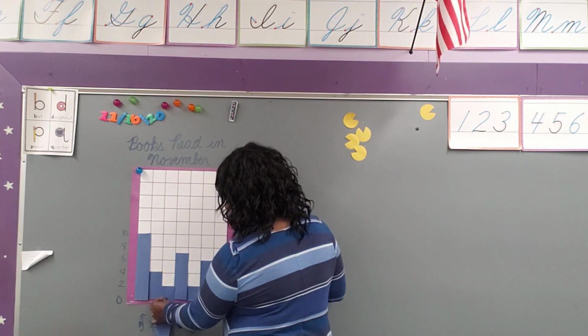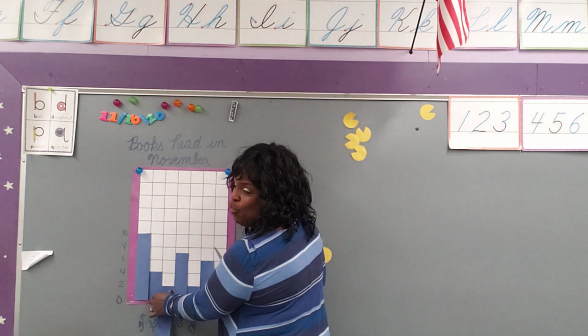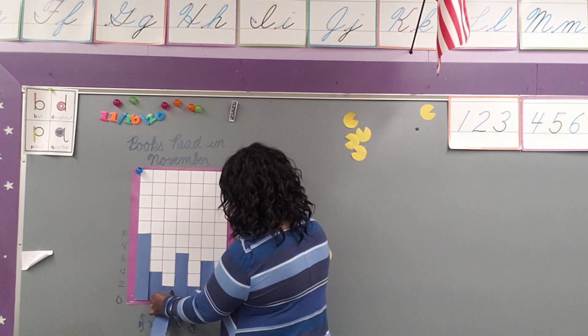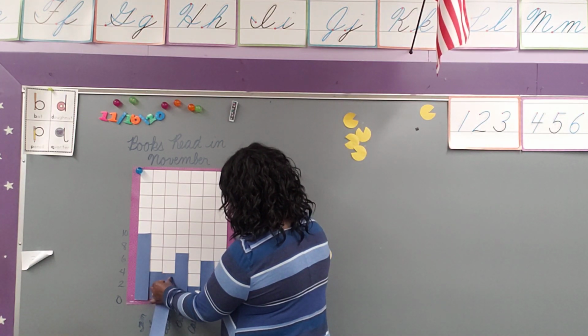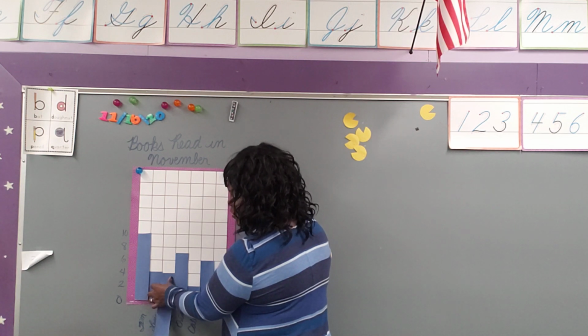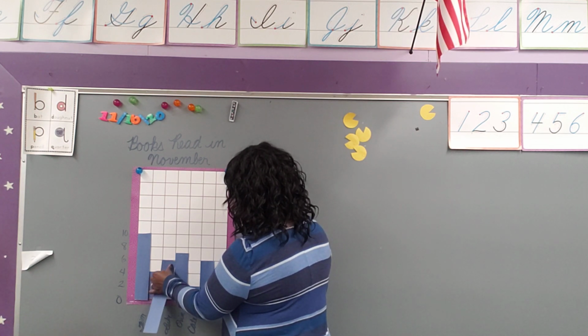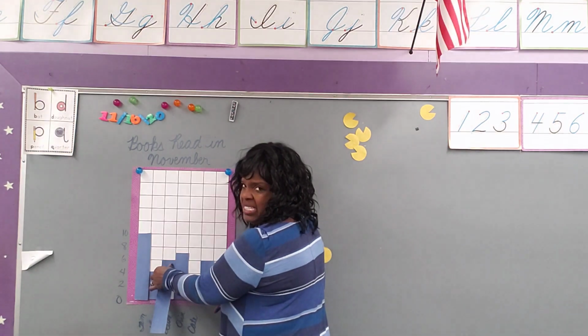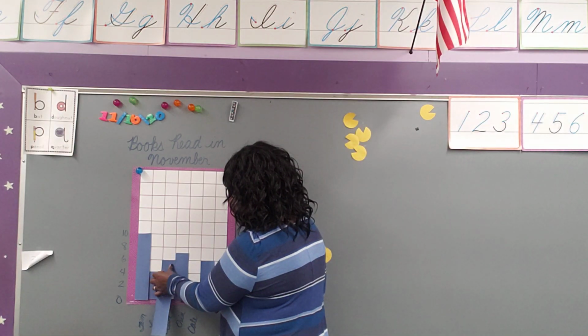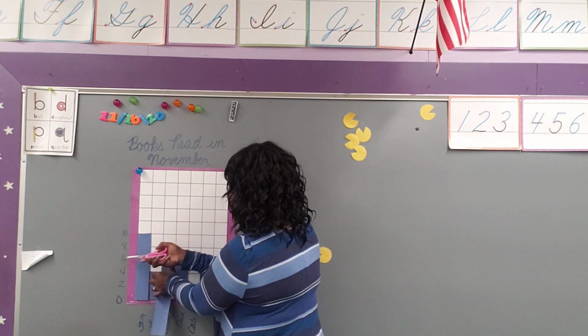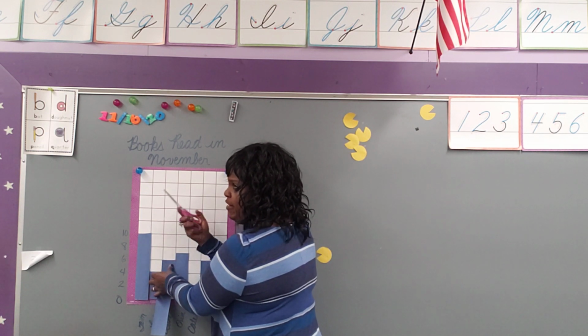Should I put it here? No, right? Because that's 2. What about here? What about here? No, wait, that's 6. But what did we say? Has to be 5. So what should I do?